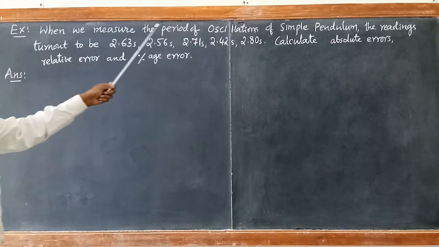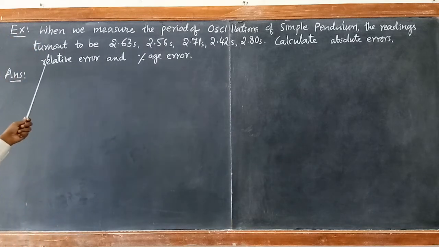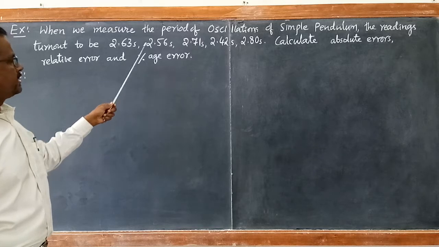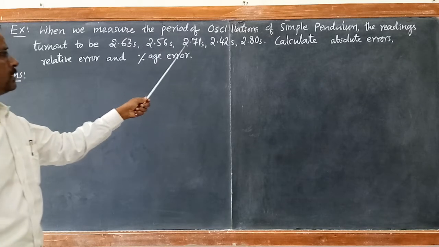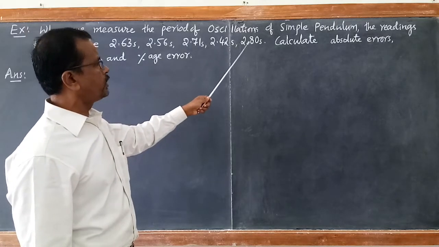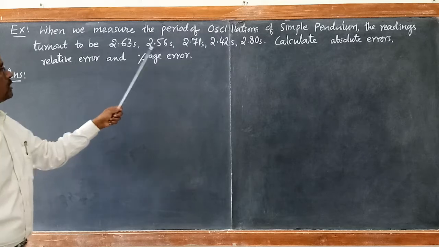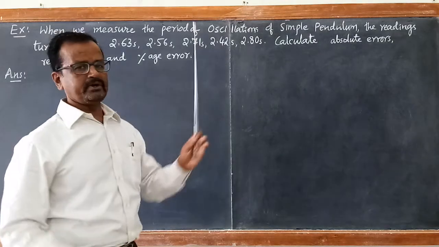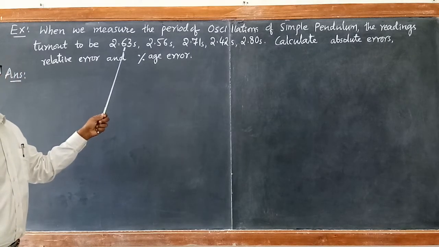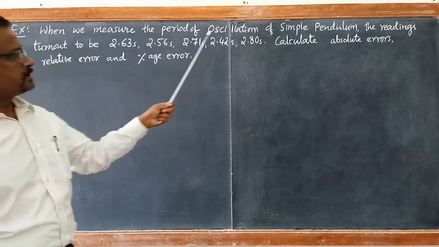When we measure the period of oscillations of a simple pendulum, the readings of time periods turn out to be 2.63 second, 2.56 second, 2.71 second, 2.42 second and 2.80 seconds. It means 5 observations are being taken, and these are the different values when measured using a simple pendulum.